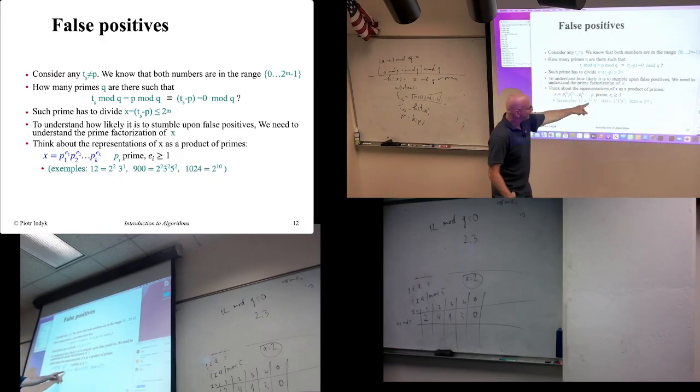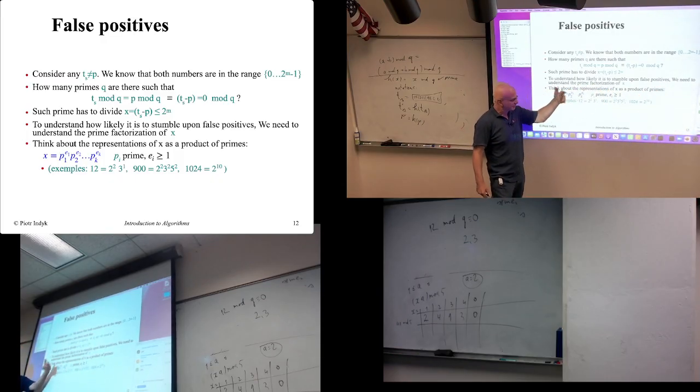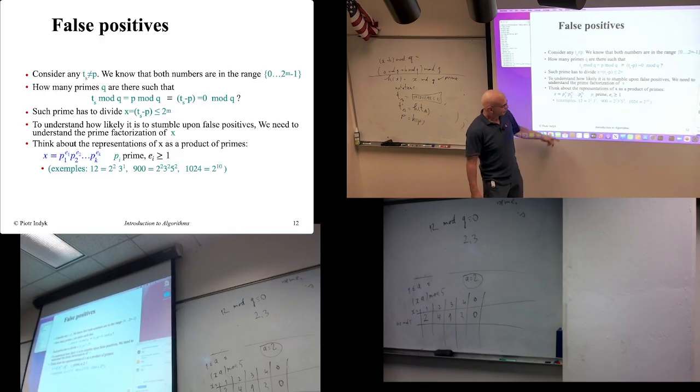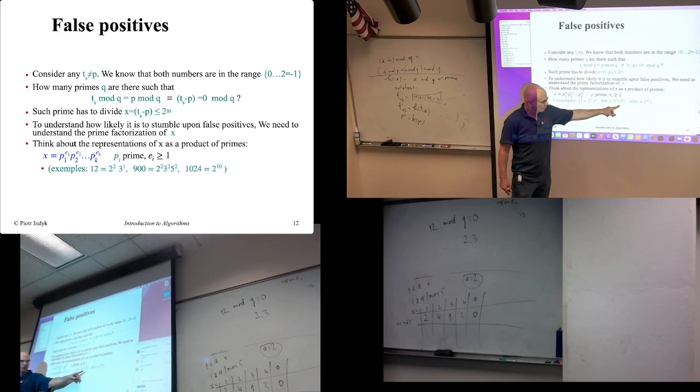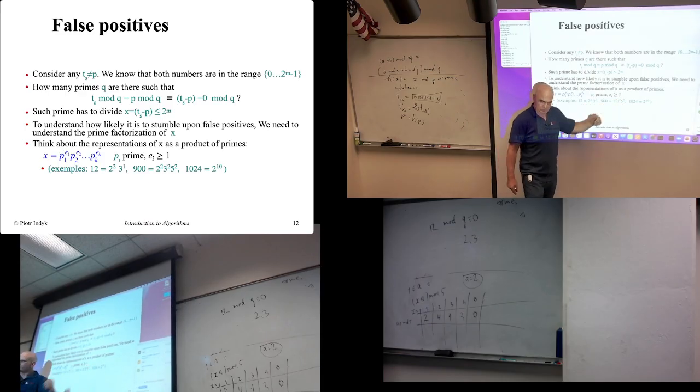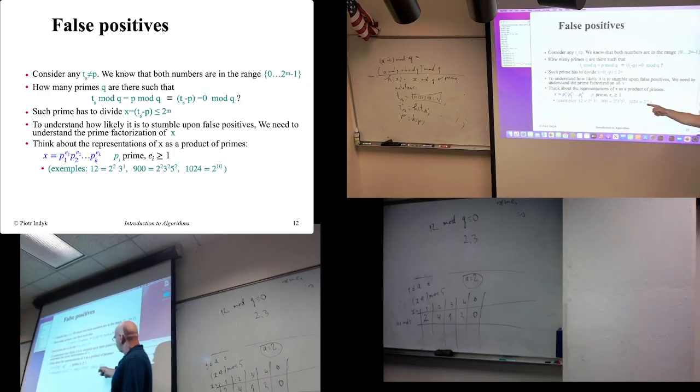Take X and divide by the smallest prime, then continue and generate the sequence. So X can always be written as one prime to the power of some exponent times another prime to the power of some exponent, where the exponents are all integers, all the way until the last prime. Quick example: 12 equals 2 to the 2 times 3. 900 is 2 to the 2 times 3 to the 2 times 5 to the 2. Check. And 1024 is just one prime that appears multiple times, appears 10 times.